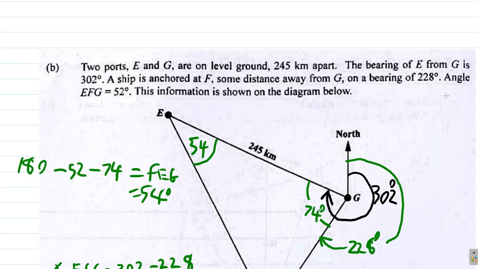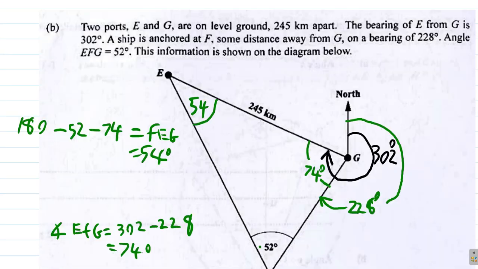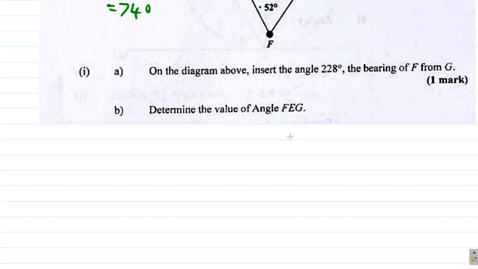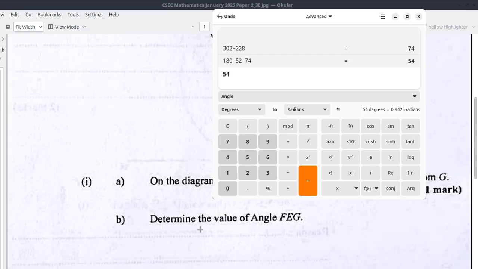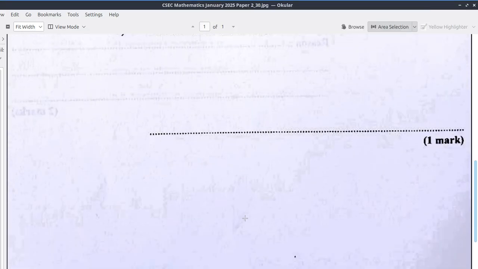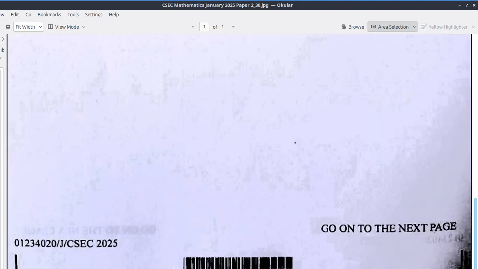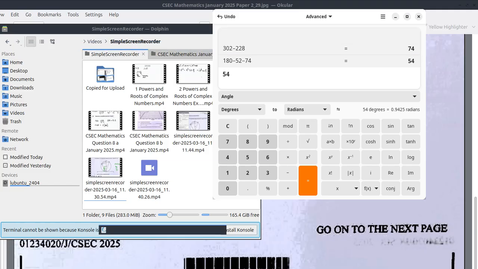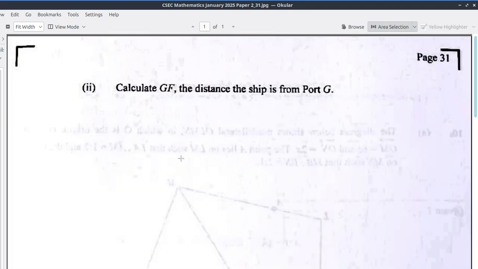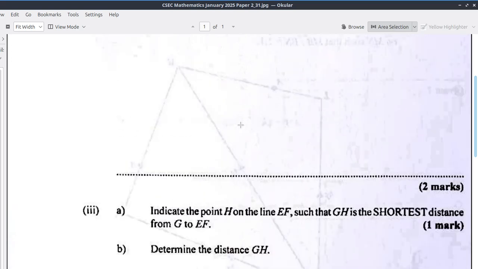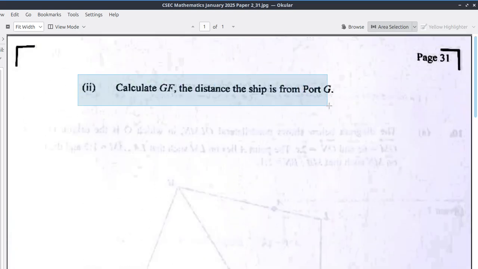Now, let's see what else is happening here. So you have angle FEG. What else do they want from us? Calculate GF, the distance the ship is from port G. Alright.